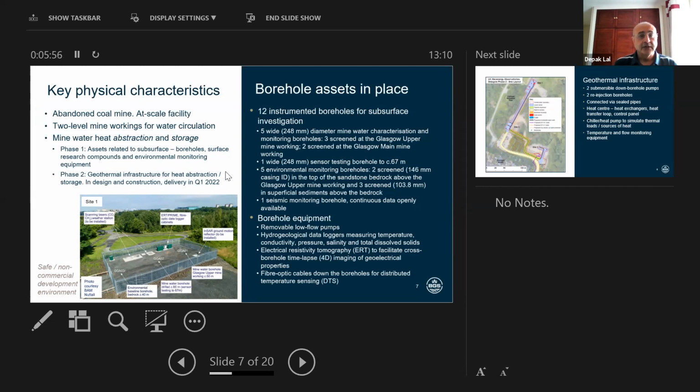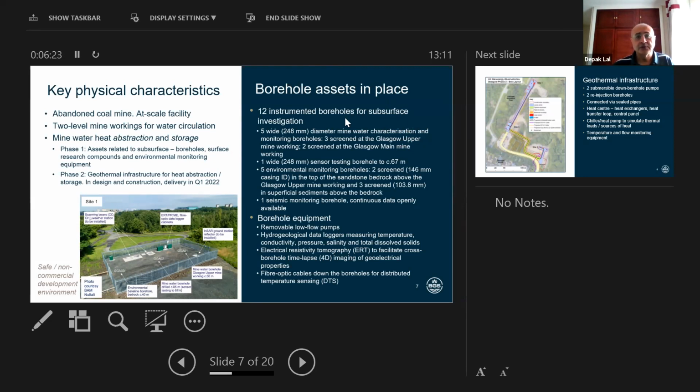The assets in the subsurface relate to the boreholes, the surface research compounds, and environmental monitoring equipment. And then in phase 2, we've got the above surface infrastructure, which I'm going to come back to in a moment. But in terms of what we've got at the moment, in phase 1, we have sites 1, 2, 3, 5, and 10.